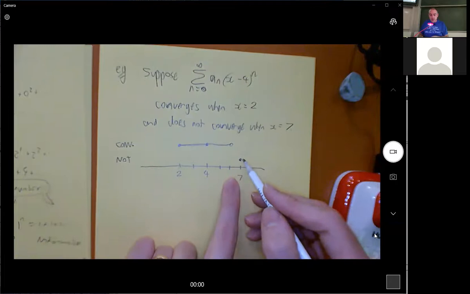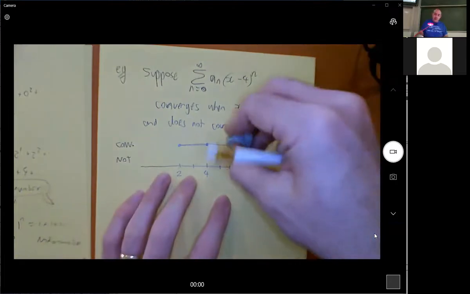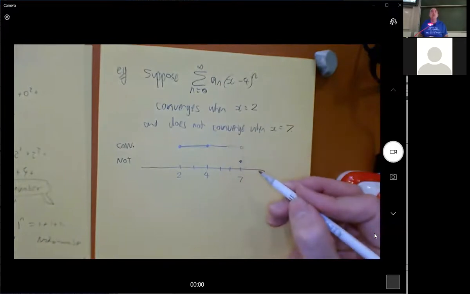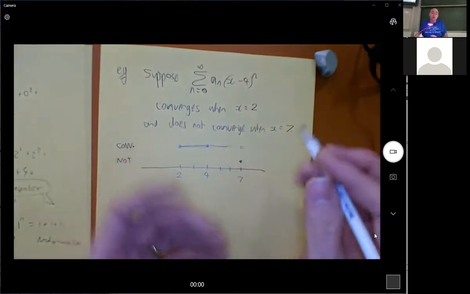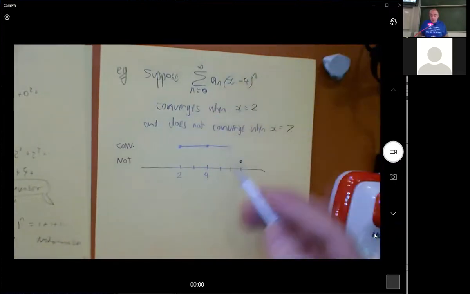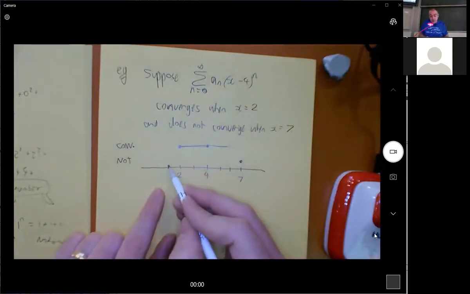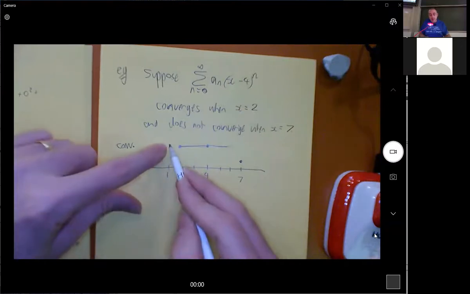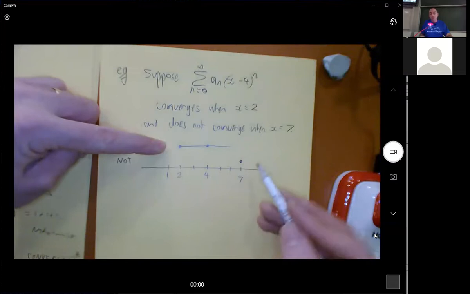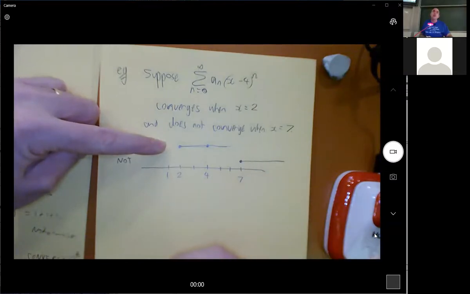So it's possible that the interval of convergence could go all the way up to and not include 7, but we don't know. And it's possible the interval of convergence could go all the way down to 1, but it definitely couldn't go past 1 because it diverges here. So if it diverges at a particular spot, it has to diverge for everything after that.